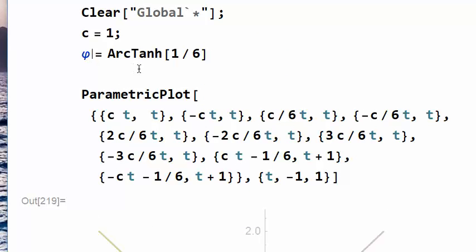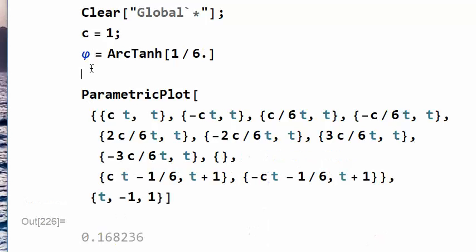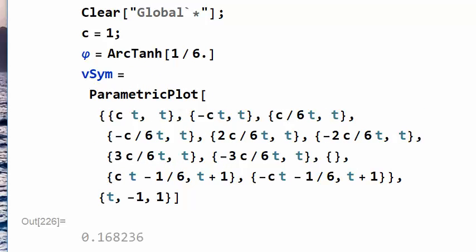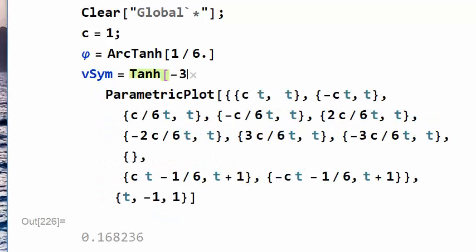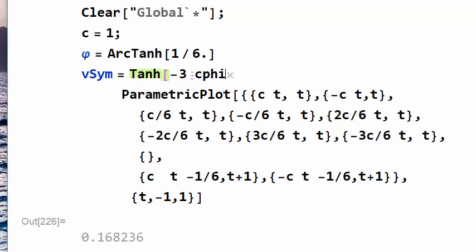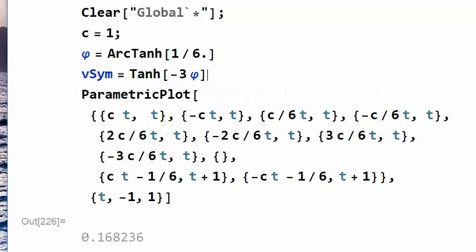For this, I'm going to create phi, which is our hyperbolic arctangent of 1/6, and then I'm going to construct another line, a symmetric velocity. I'm just going to call it V sim of, tanh of negative 3 phi, the negative 3 times that rapidity.